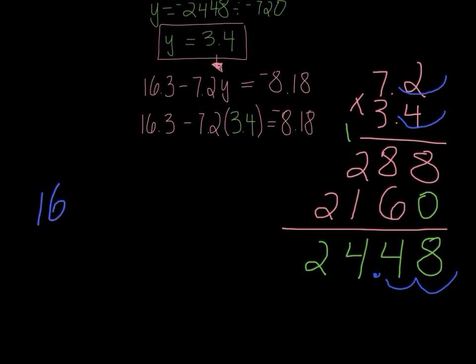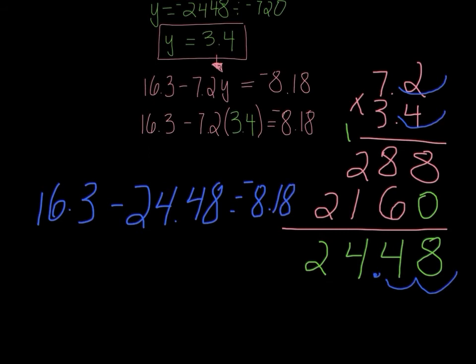So 16.3 minus 24.48 equals negative 8.18. I'm going to draw a little sliver down there so that we know that this is work I did off to the side. Reinforce my negative sign. Now, 16.3 minus 24 and 48 hundredths.